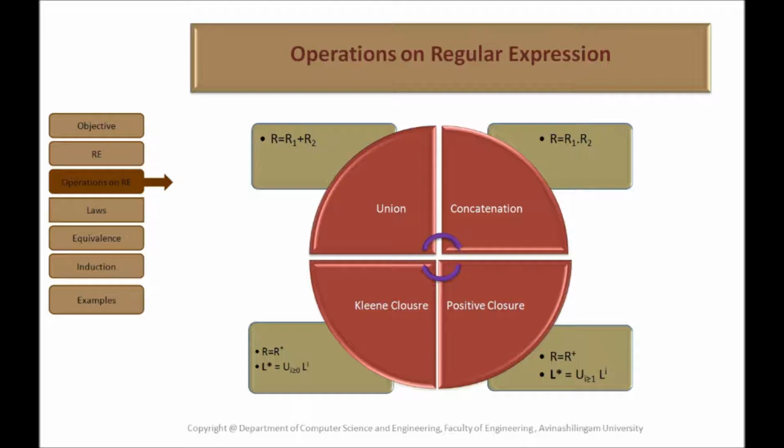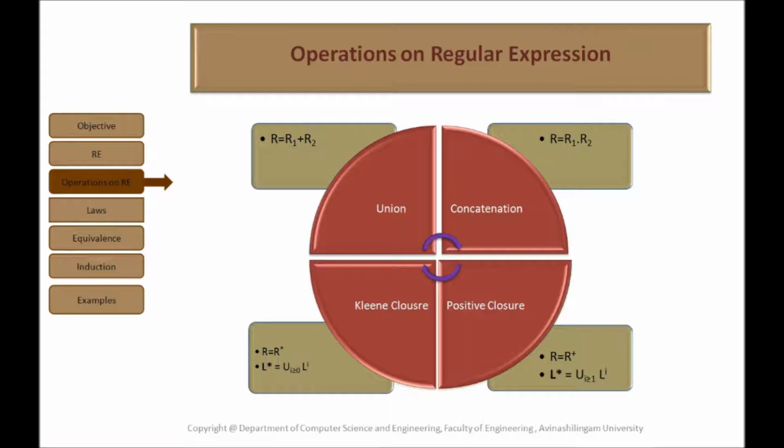Next we will see the iteration or closure of a regular expression, which is written as R star, also called a regular expression. If a is a regular expression, then empty, a, aa, aaa and so on is also a regular expression. The language of this regular expression for Kleene closure is represented as L power star is equal to union of L power i, where i is greater than or equal to 0, that is i is between 0 to infinity.